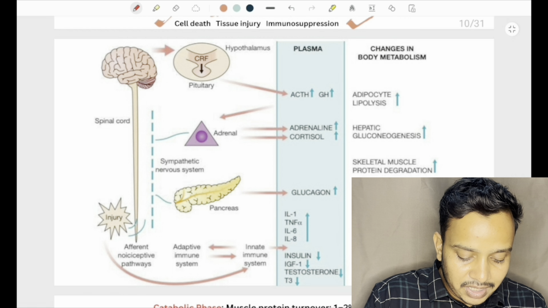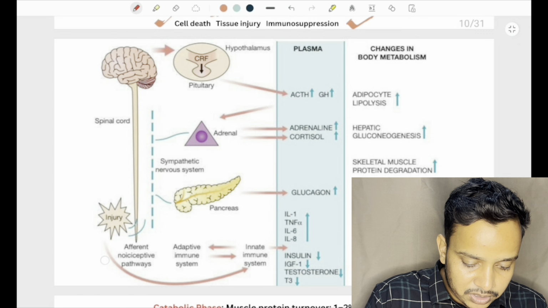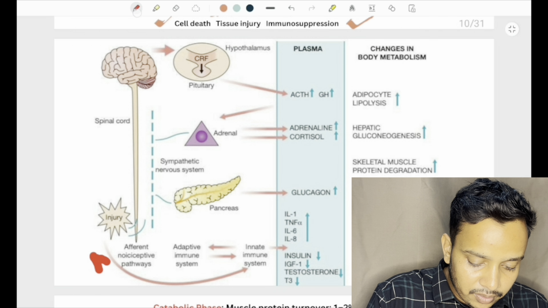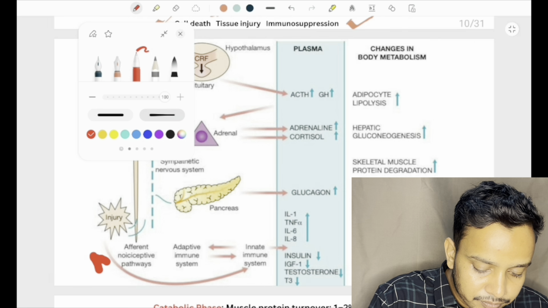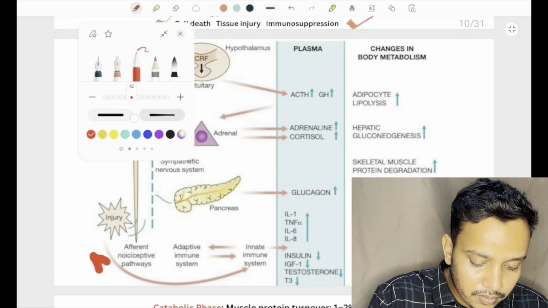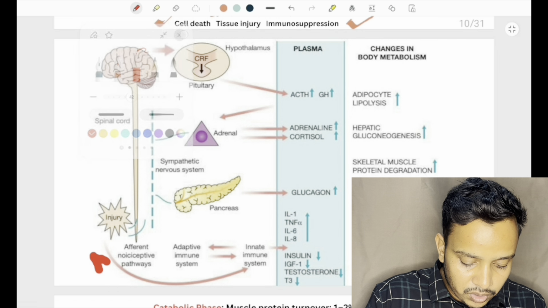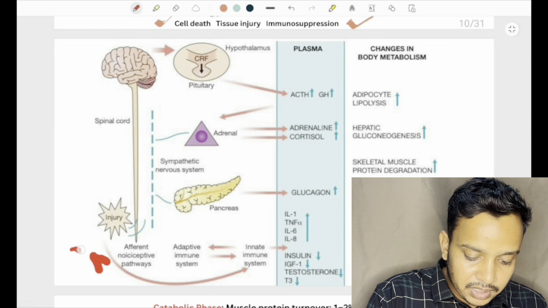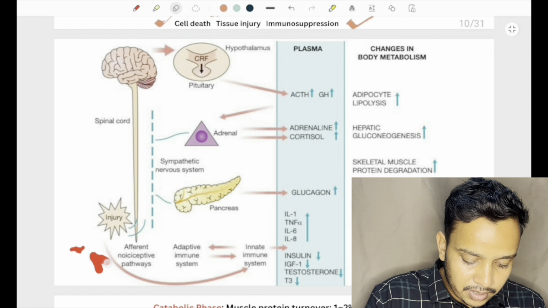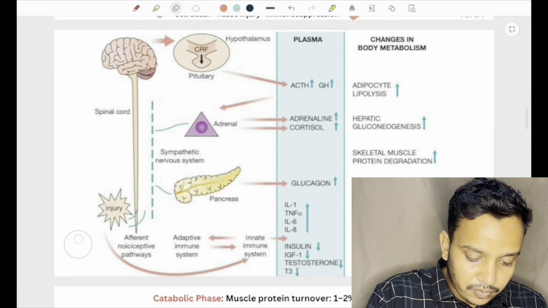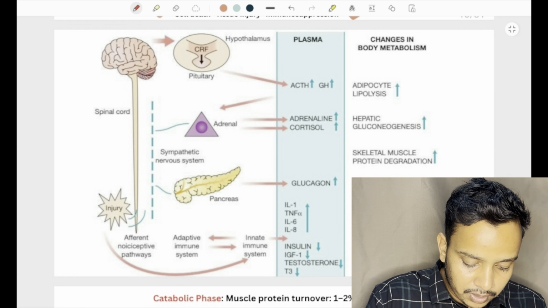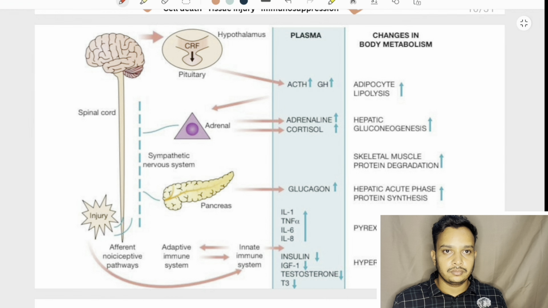So whenever there is any injury, the afferent nociceptive pathway is carried by our pain pathway.